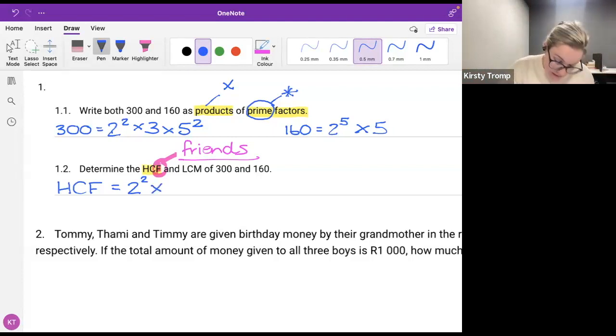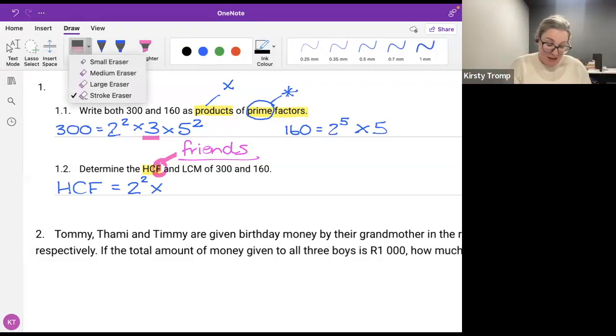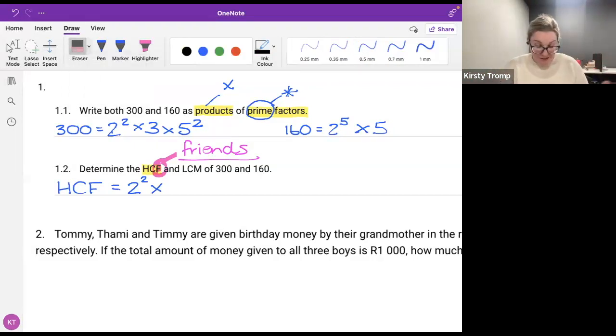Times by. The next one that I've got here is a 3. Do I have a 3 in 160? Nope. So can the 3 be part of my friends in my HCF? No, it can't. The 3 can definitely not be part of my friends. What's left to look at?